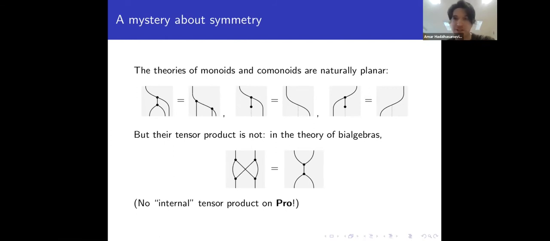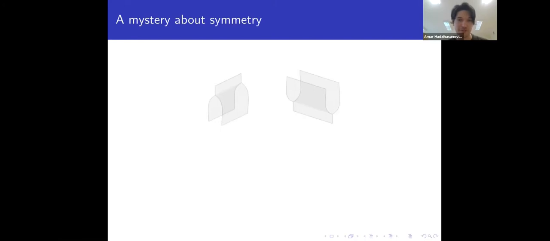So I spent some time thinking about this equation a few years ago, and at some point I came up with this topological interpretation. So we take the string diagrams that correspond to the monoid multiplication here, and the comonoid comultiplication, and then we extend them in space.